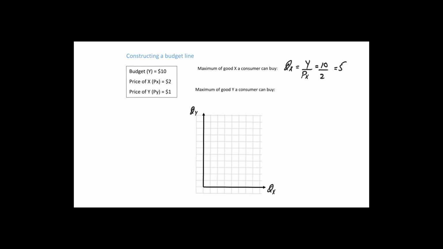So this is my budget for X. This is the maximum of X I can consume while consuming 0 of Y. For the next one, 10 divided by the price, which is $1, so you can afford about 10 of this. So that's 5 and that's about 10, and you make a budget line, a straight line. This is your budget line.